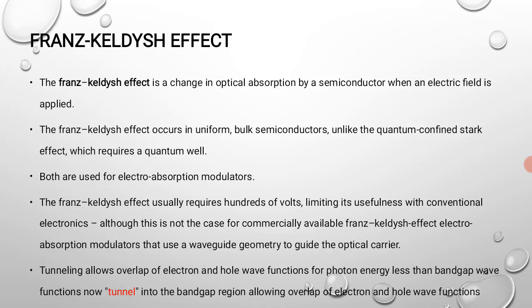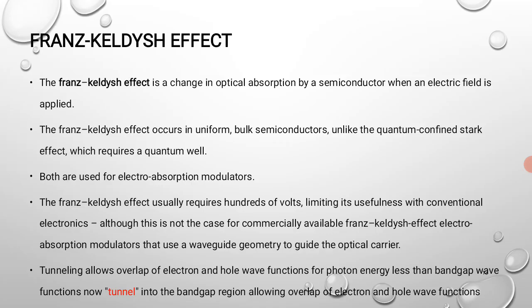Both are used for electro-absorption modulators. The Franz-Keldysh effect usually requires hundreds of volts, limiting its usefulness. With conventional electronics this is not the case for commercially available Franz-Keldysh electro-absorption modulators, which use a waveguide geometry to guide the optical carriers.